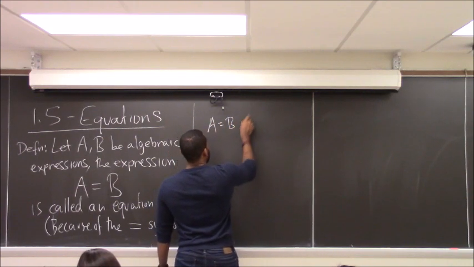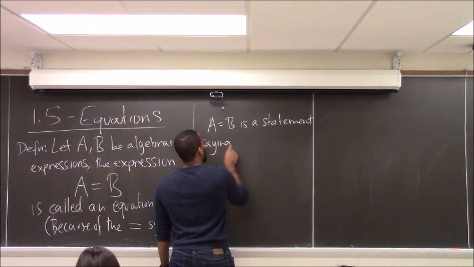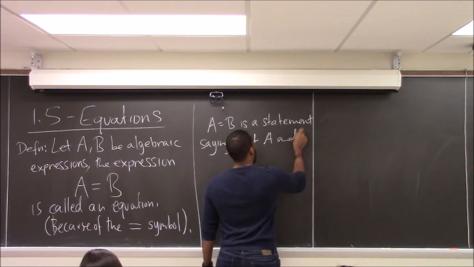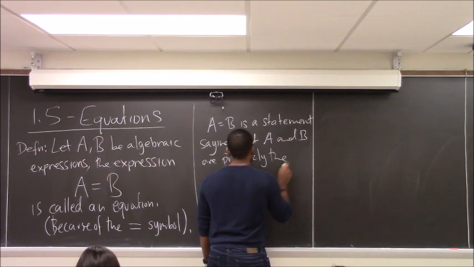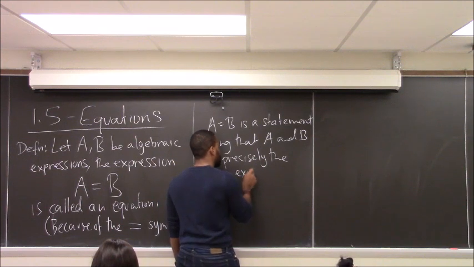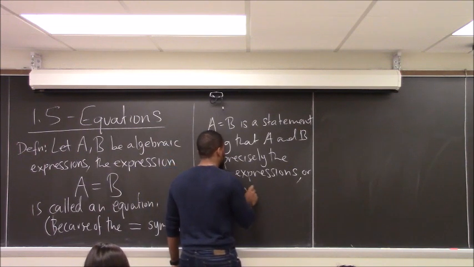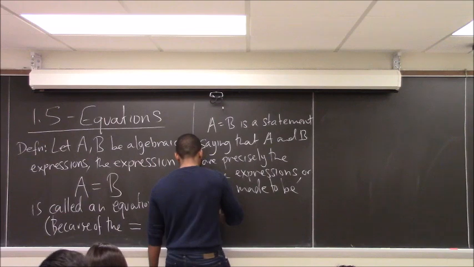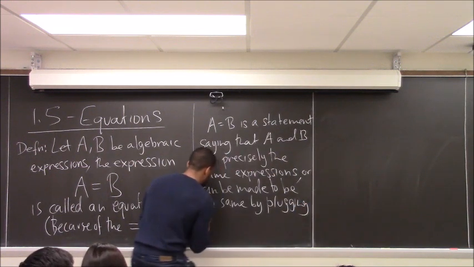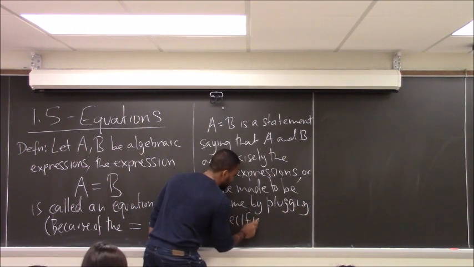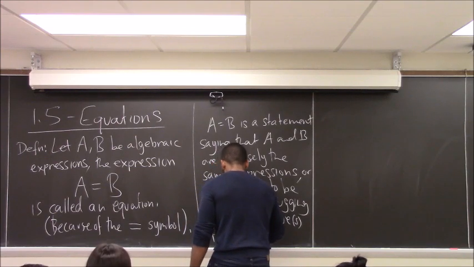A equals B is a statement saying that A and B are precisely the same expressions, or can be made to be the same by plugging in specific values of any variables present.